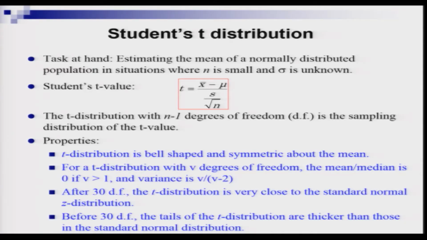Now we come to the second property, which says that for a T distribution with V degrees of freedom, the mean and median is 0 if V is greater than 1, and variance is V divided by V minus 2. The third property says that after 30 degrees of freedom, that is, when we are dealing with large sample, the T distribution is very close to the standard normal distribution, and if it is less than 30 degrees of freedom, that is, when we have small sample, then the tails of the T distribution are thicker than those in the standard normal distribution.